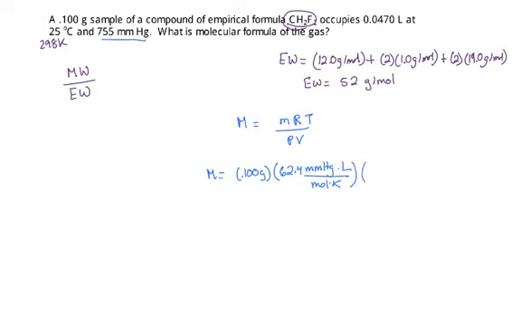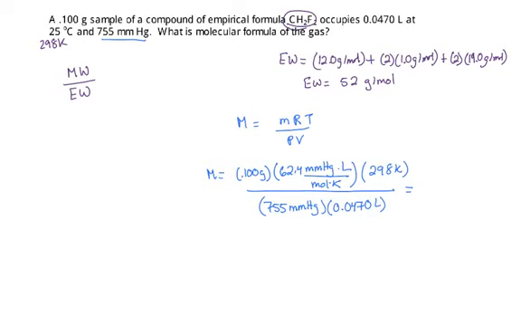Temperature is 298 Kelvin divided by my pressure 755 millimeters of mercury, and my V is 0.0470 liters.